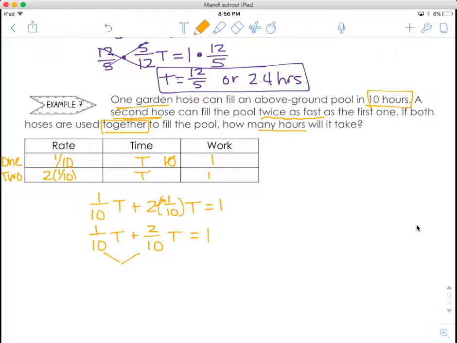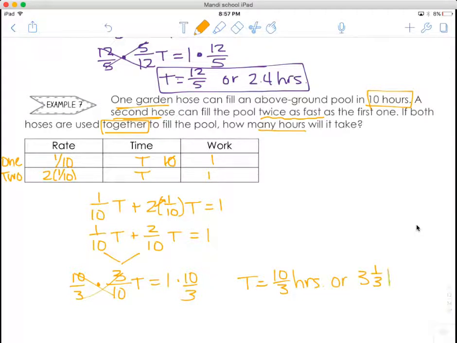Add your like terms. So that's 3 out of 10 t equals 1. Take both sides times the reciprocal. So time is 10 over 3 hours. Or if you make that a decimal, you get 3.3 repeating. So I'm going to make it 3 1/3 hours.